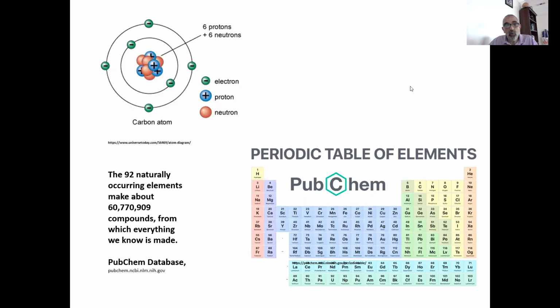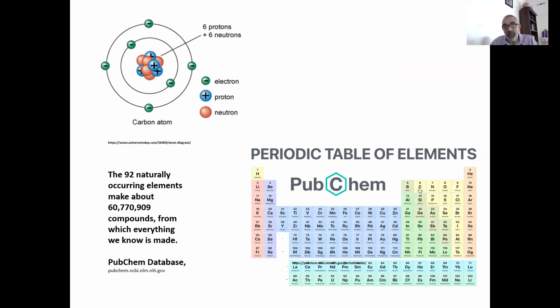And now let us remind ourselves that these atoms come in 92 naturally occurring varieties. So there are 92 naturally occurring atoms, the last one being here, uranium. And each kind of atom is its own element. So hydrogen is an element, helium is an element, lithium is an element, beryllium is an element.